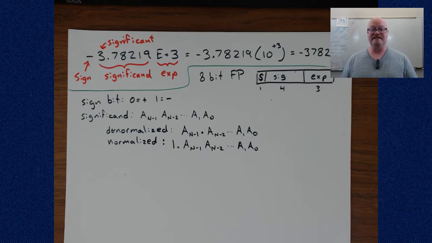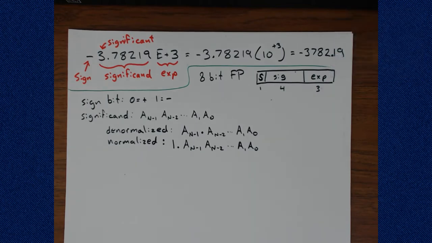So normalized does have at least that one drawback, but generally speaking, it gives us more bits of precision, which means more bits after the radix point, right? More bits on this side. And we get, as a side effect, more accurate values, at least in certain situations, not necessarily all.